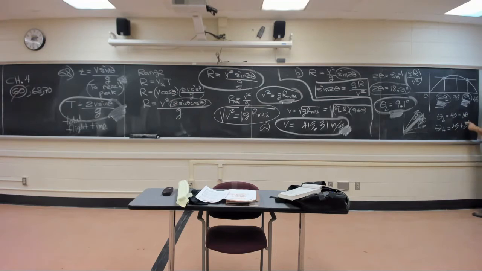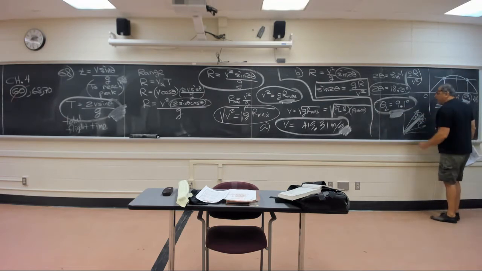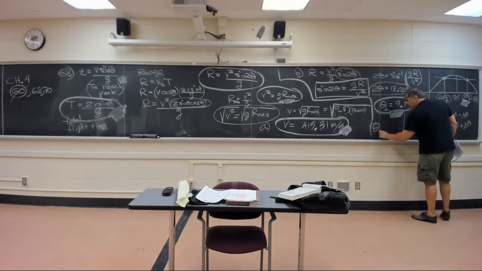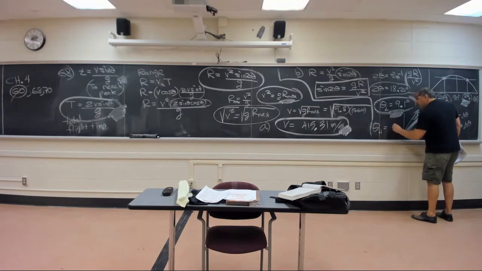If you add these two quantities, theta L and theta H, they'll equal 90. Why is that? Because 45 minus delta H and 45 plus delta H, when added together, the minus delta H and the plus delta H cancel, you get 90. So these guys are going to be complementary. The other guy is going to be 80.9.